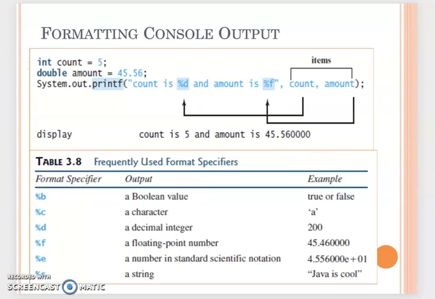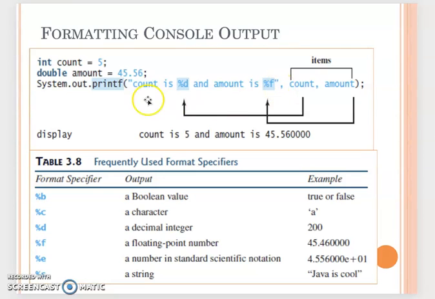With system.out.printf, for example, I want to display an integer, count, and a double, amount. When we want to use system.out.printf, we need to pass a couple of different arguments. The first one should be a string. Inside this string, of course, we use double quotes.